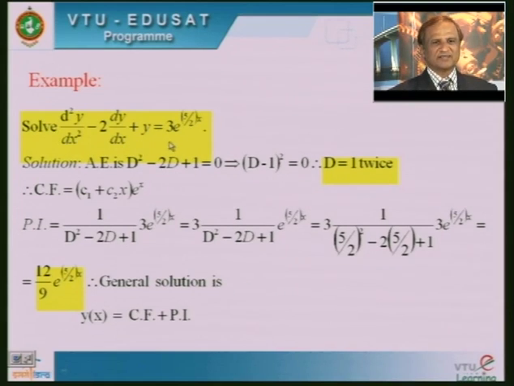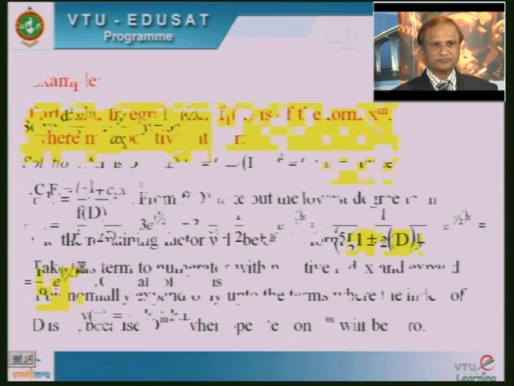Right. I hope in exactly the similar way you can collect some more similar examples. The right hand side member may be of the type e to the power ax. Find out the complementary function and try to find out the particular integral.